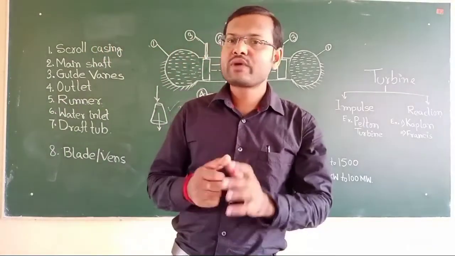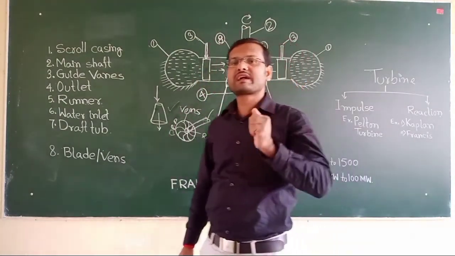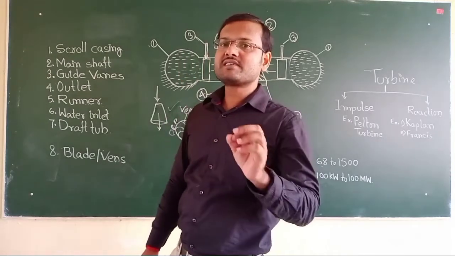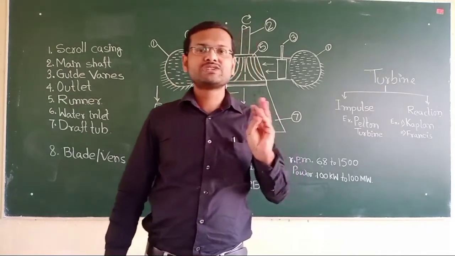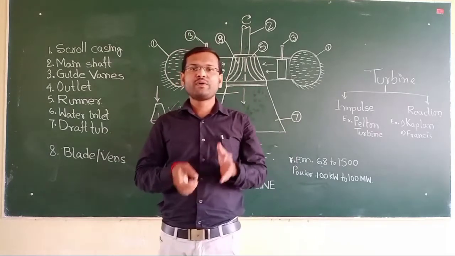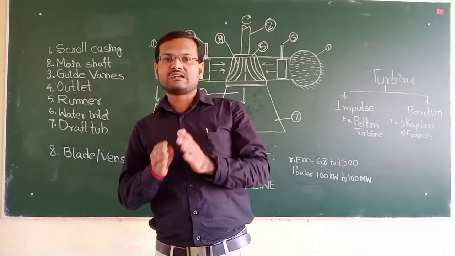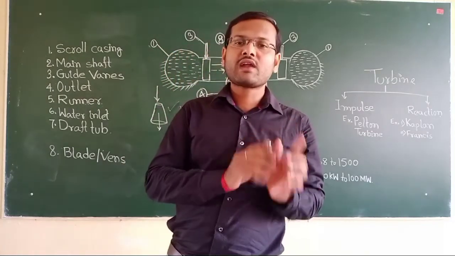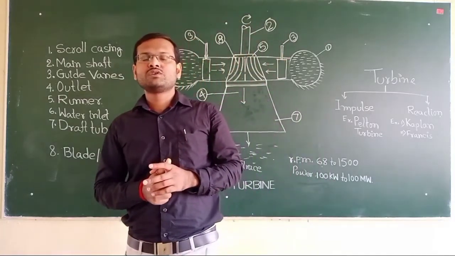Okay, we need to calculate the efficiency of the Francis turbine. Therefore we collect some data. The data are the RPM of the main shaft and the pressure gauge reading at different loading conditions. We take 4 to 5 data points at different loading conditions and then calculate the efficiency of the Francis turbine.